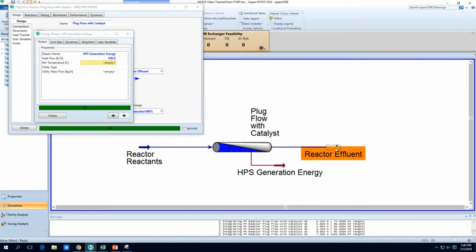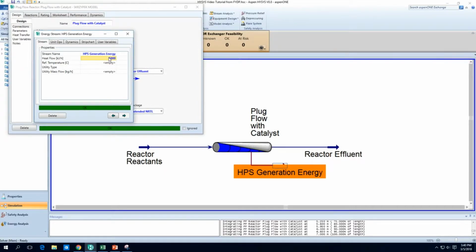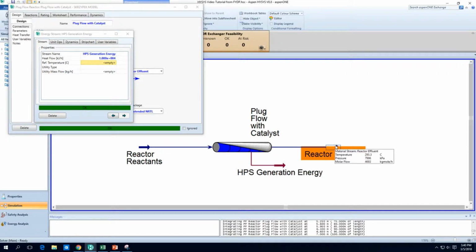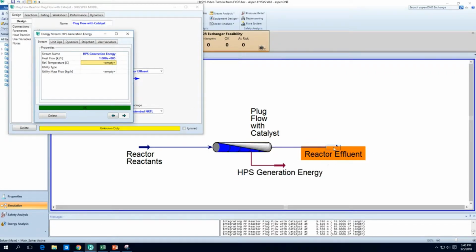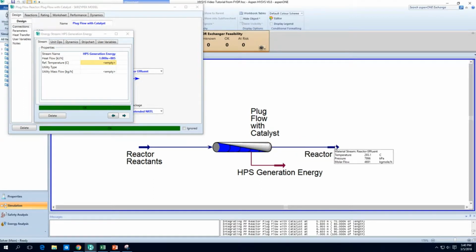And you see the reactor has cooled down insignificantly. If not, you can put about 5,000, and that will be okay as well. Maybe 10,000, or 100,000, 1E5, and you get the idea that you can just specify your own heat generation rate.